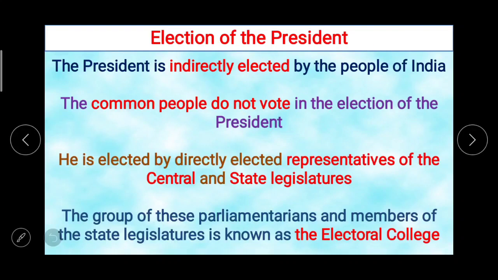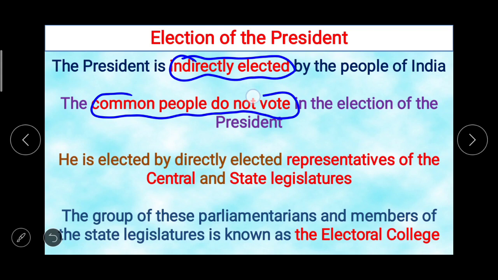Elections of the president. The president is indirectly elected by the people of India, not directly through elections from the people. जैसे लोकसभा के members जाते हैं वैसे नहीं. The common people do not vote in the elections of the president.